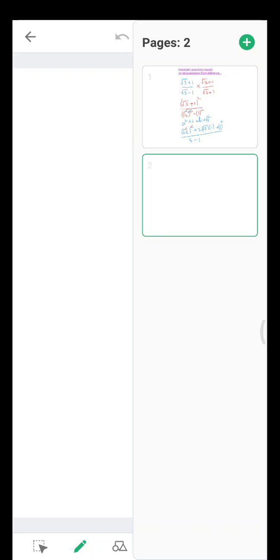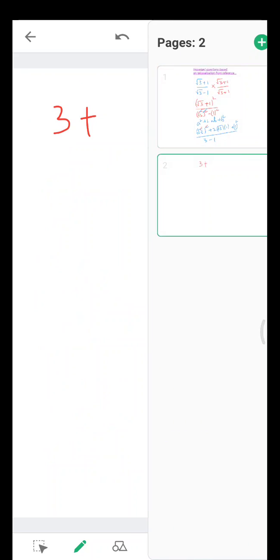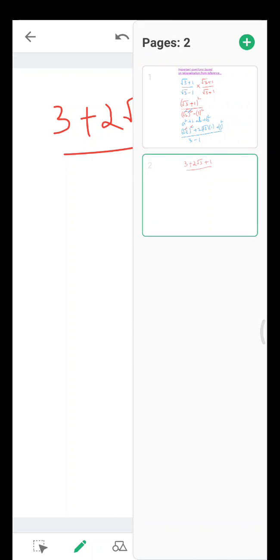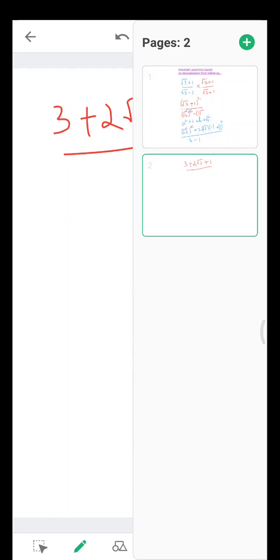So this becomes 3, first one, and the next is 2 root 3 in the numerator, and 1 square is 1, over the denominator 3 minus 1. So 3 minus 1 becomes 2.